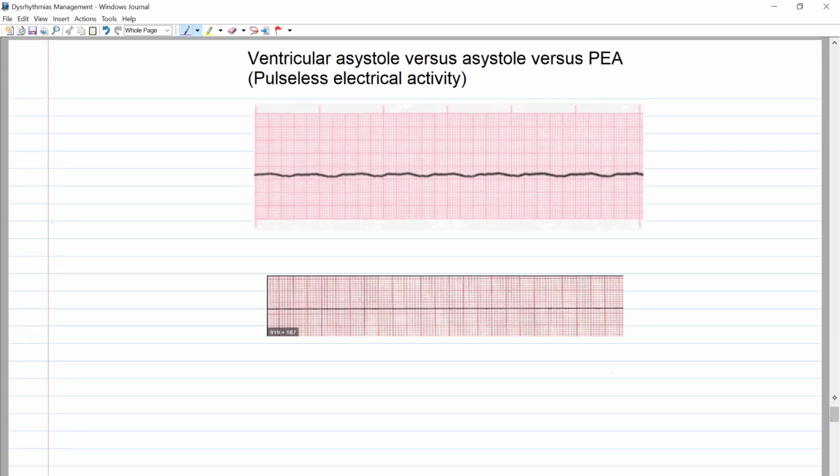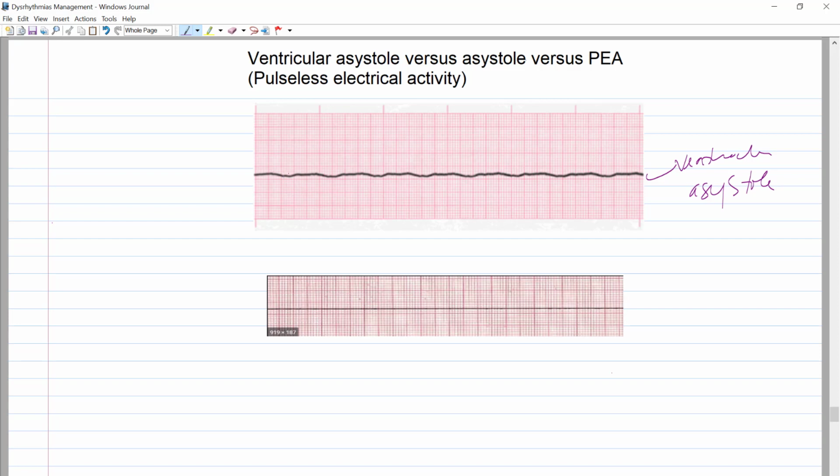Now the next one is ventricular asystole versus asystole. Let's differentiate first. When you look here, your patient has ventricular asystole. It means that the ventricles are not working anymore. But as you can see, it's not a straight line.